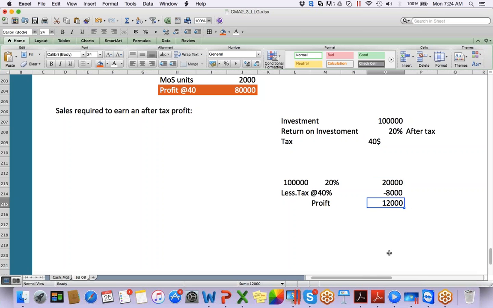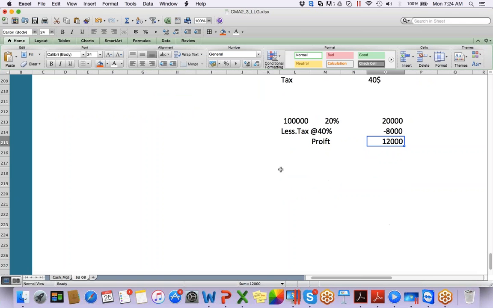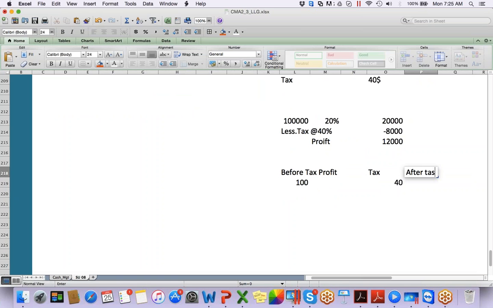I want 20,000 after tax. So, if you have a before tax profit of 100, you will be paying a tax of 40, and after tax profit will be 60. Are you getting me?